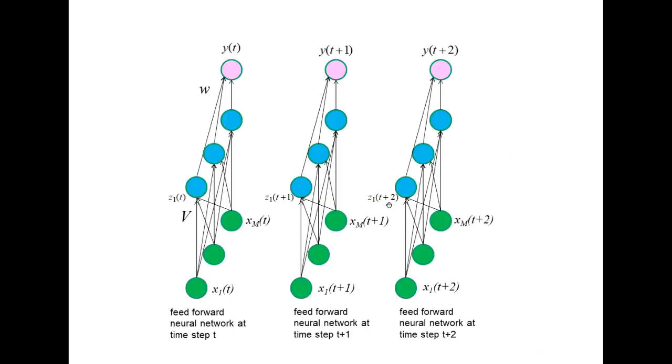But let's first look at a regular feed-forward neural network where we don't have that effect. So we just have different prediction problems at different instances. We just say a pattern also has a time index. And we have an input, a hidden layer, and an output. So this is just a regular neural network, and since we have different situations, t plus 1, and t plus 2, but currently they're just indices.